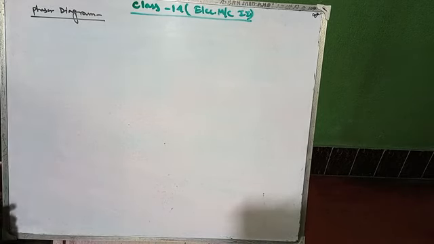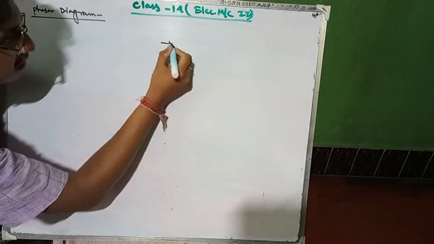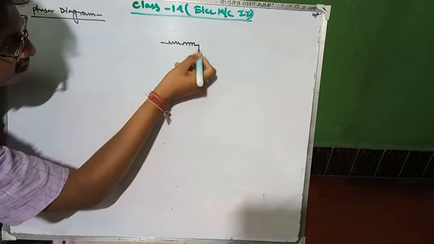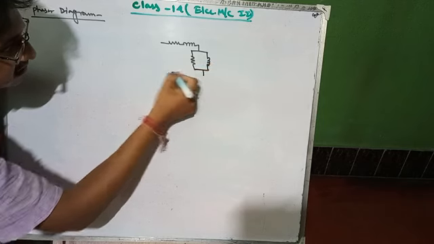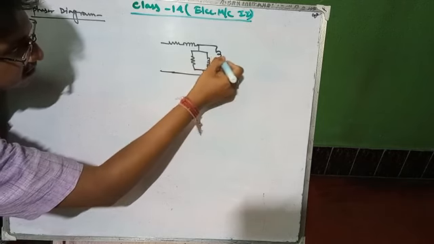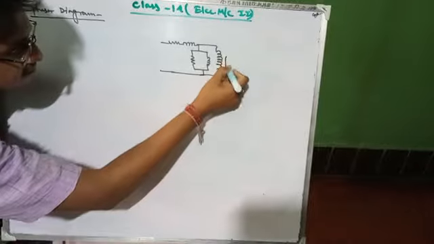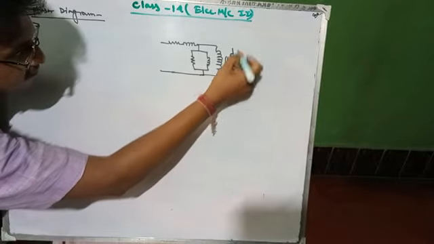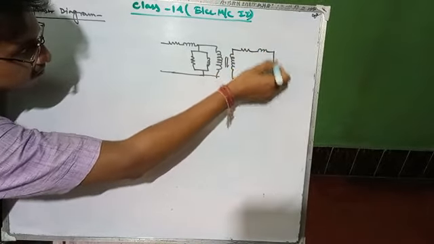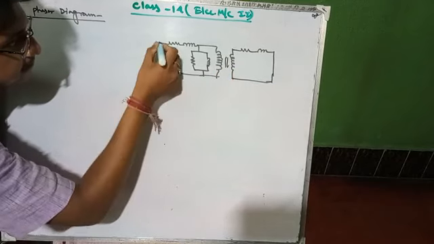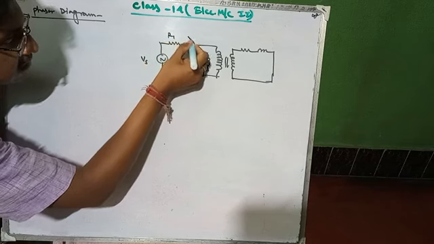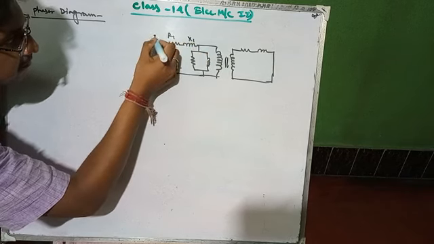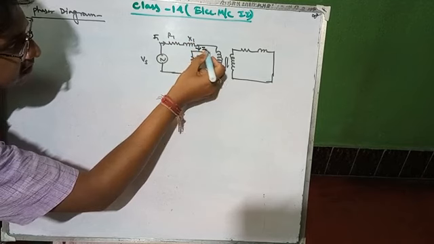So, suppose I would like to first draw the equivalent circuit. This is the equivalent circuit. This is Vs, R1, X1, I1 current is entering, I0 current is leaving from here.